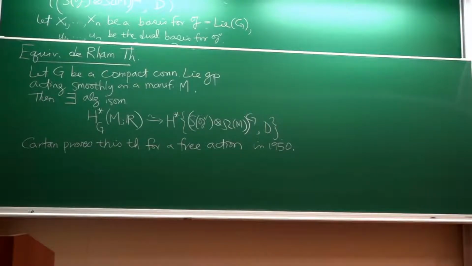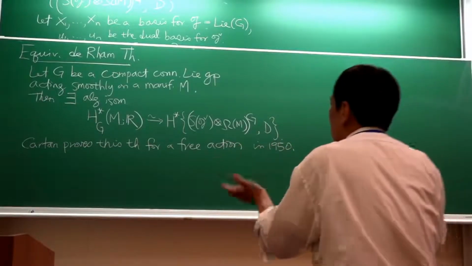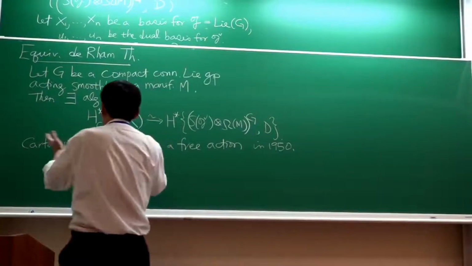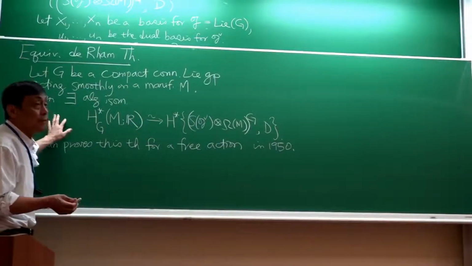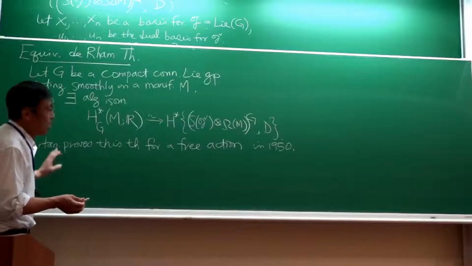And he did it only for a free action, and I could extend it to an arbitrary action. And I think this is now an understandable proof. Okay? So I will just tell you the outline of how it works. But let's first look at the consequences of this theorem.